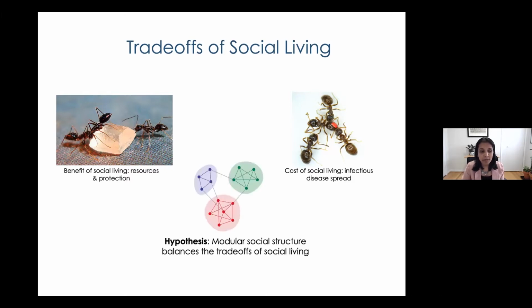So one hypothesis we had was that social systems perhaps evolved to have modular structure or community structure, which might balance these trade-offs of social living.